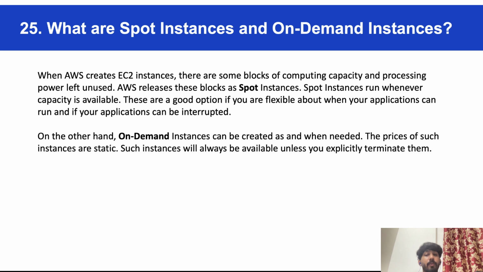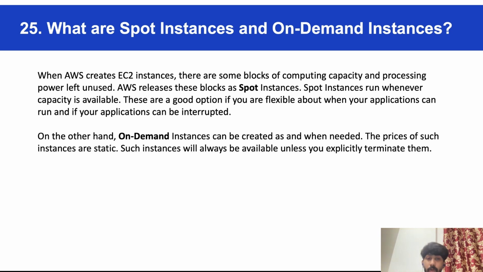Okay. Now, what are spot instances and on-demand instances? I think we already looked into this, but I'll just explain spot instances even better. The on-demand I've already explained in a previous question. You can go check that. So spot instances: while you create EC2 instances, there are some blocks of computing capacity and processing power left unused. Let's say you launch a really huge instance, but only utilize a certain part.